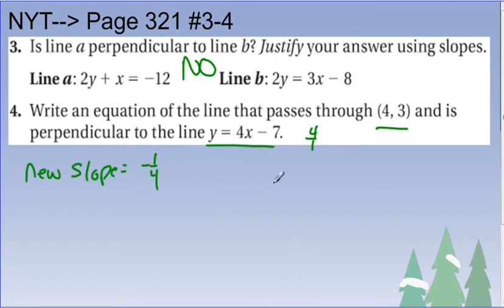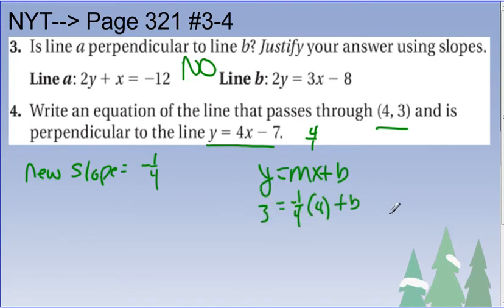So then we use our equation, y equals mx plus b. We plug in our new slope. We plug in our x value. We plug in our y value, and we have one variable left, so we solve for it. We take negative 1/4 times 4 is negative 1.